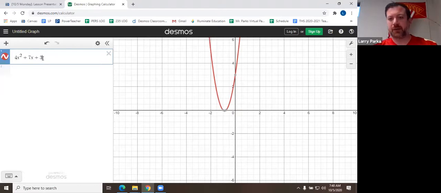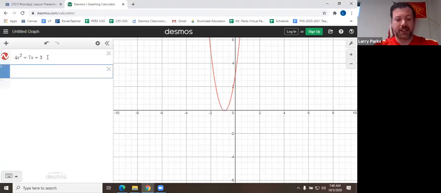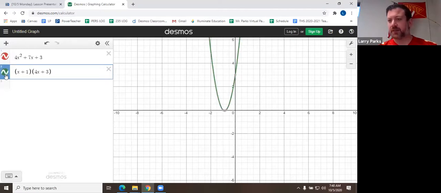The 3 is the y-intercept, which of course it is. But in factored form, what I just did, notice they are the same. So that's another way you could check your work, just to make sure that they are the same.